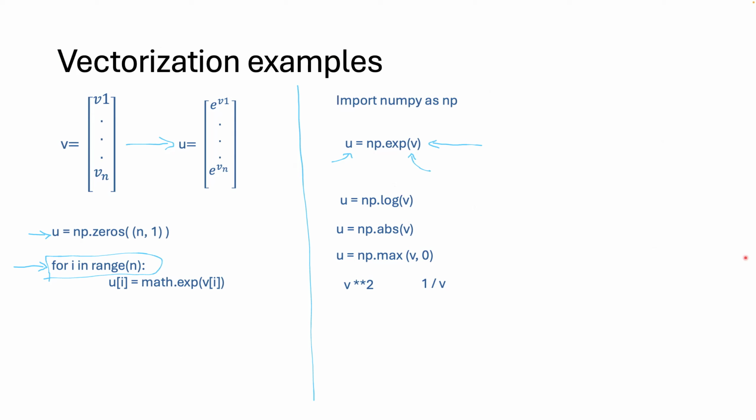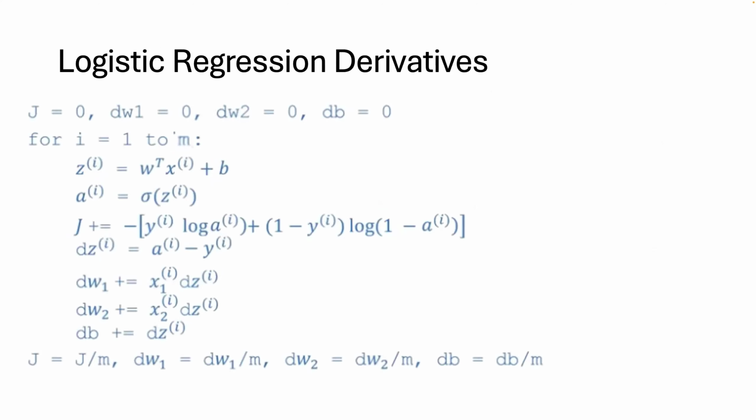Whenever you get on coding and see yourself writing a for loop, my advice is to check the NumPy library and see how you can remove this for loop and use something that's built in. Okay, so here is the logistic regression formula.